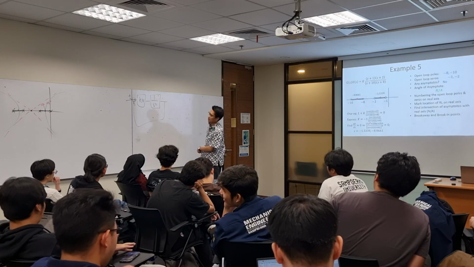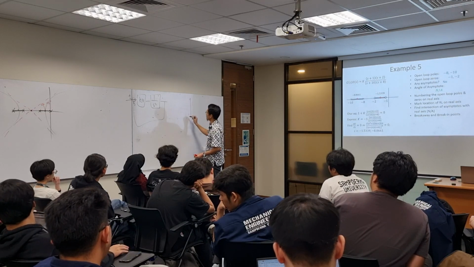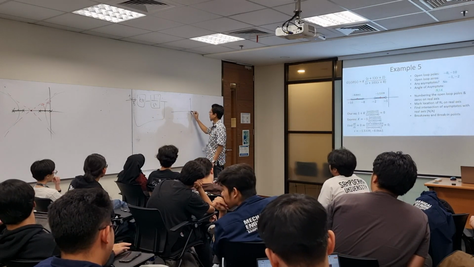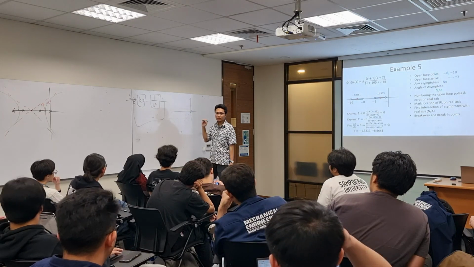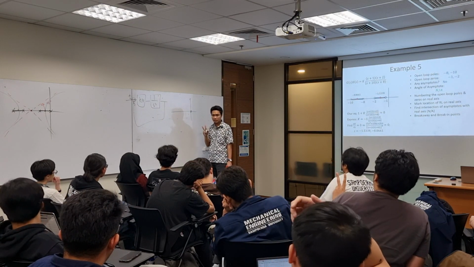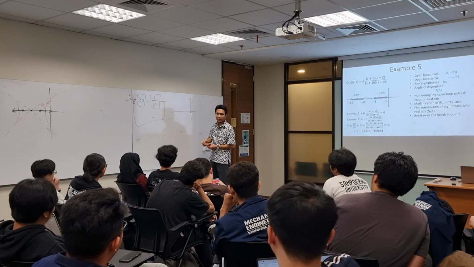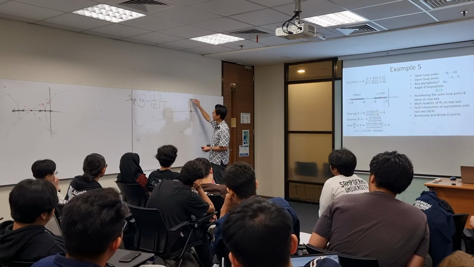I will first draw the open loop poles. Both of them are at 0. How many asymptotes? Two, right? So it will just go up and down, one going up and one going down.